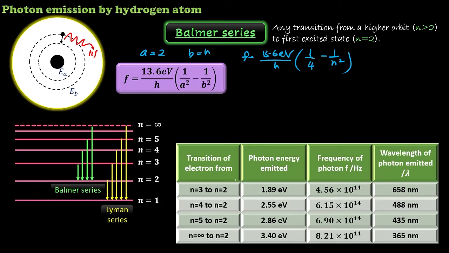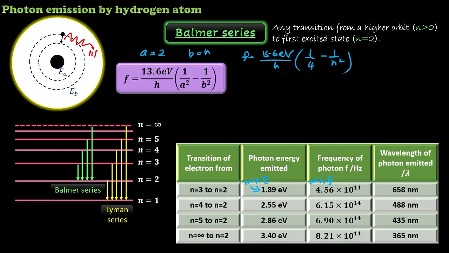So in other words, the minimum energy emitted from this Balmer series will have this value, and then the minimum frequency due to the transitions in the Balmer series will have this value, 4.56 times 10 to the power 14 hertz.